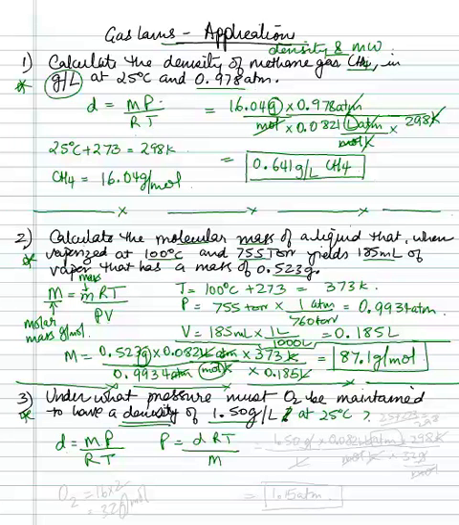So our density is 1.50 grams per liter. R is the usual 0.0821 liters atmosphere per mole Kelvin. Temperature is 25 plus 273, which is 298 Kelvin, and then divided by the molar mass. The molar mass of oxygen is 16 times 2, which is 32 grams per mole.